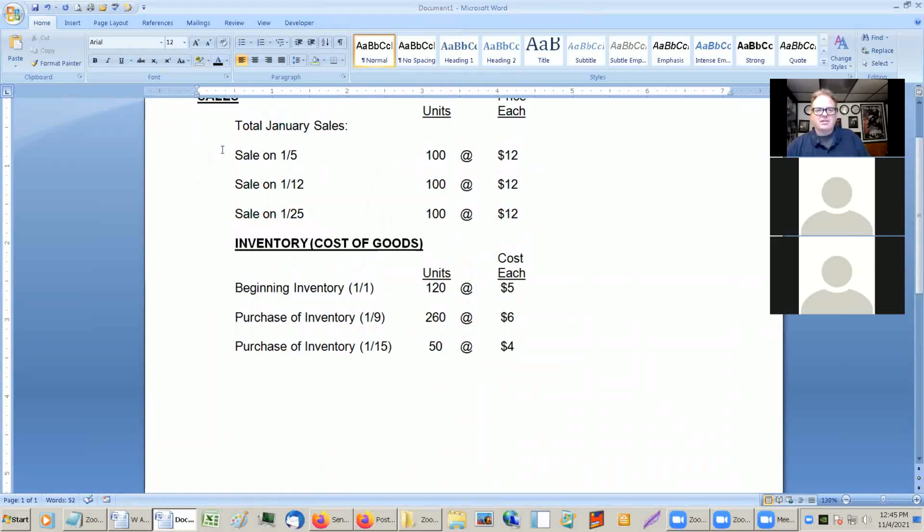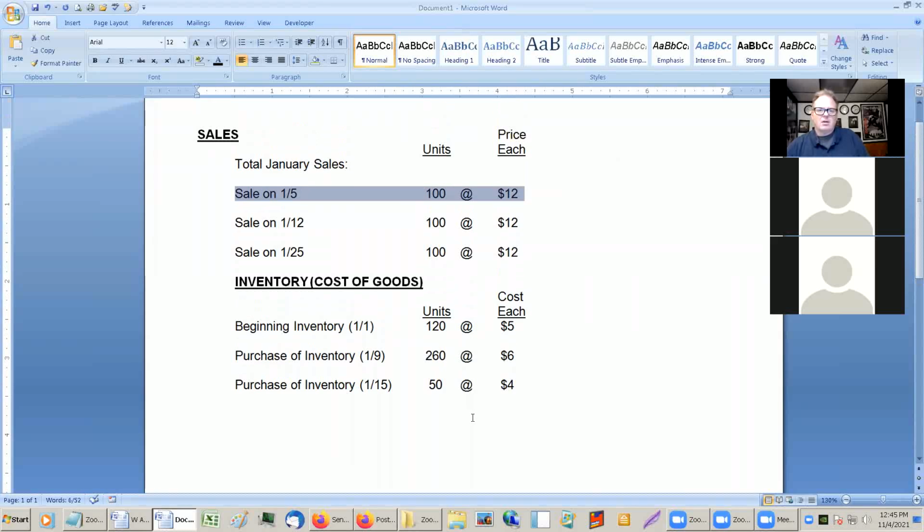You have to know the days of the sale. So for instance, you made the sale on 1/5, you would immediately take the last ones in, which would be from the first, and calculate the cost of goods sold from that.